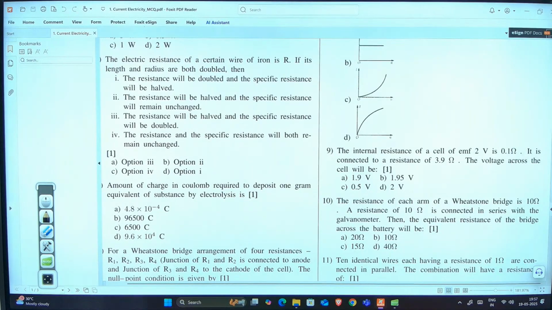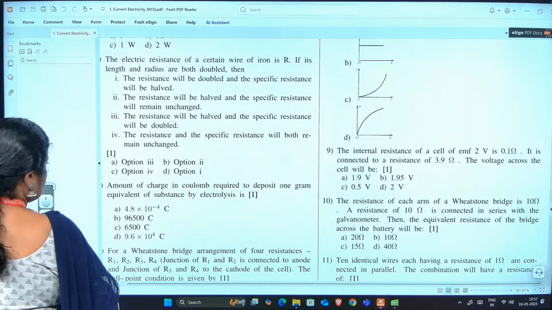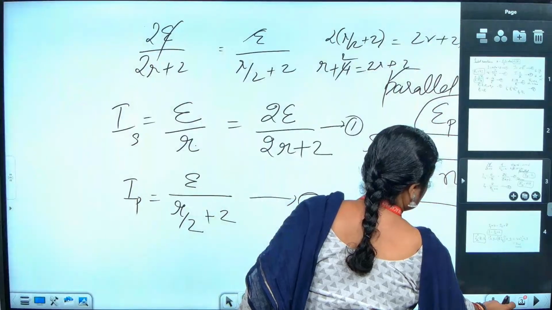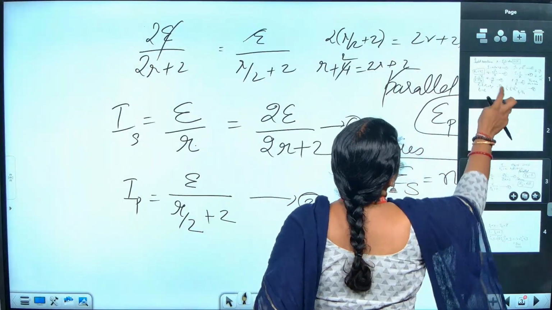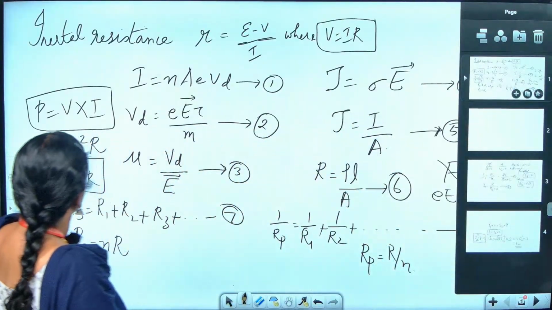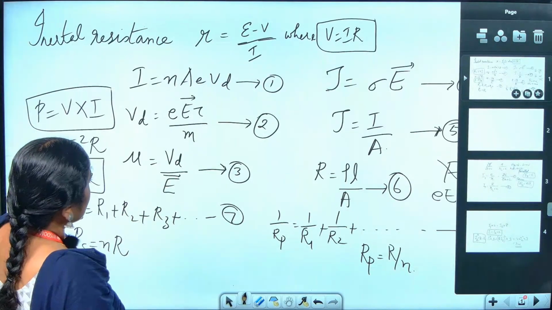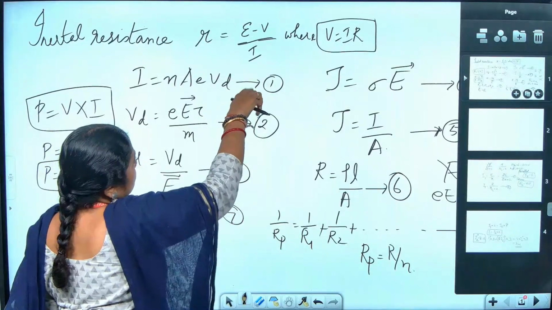How did you get it? What formula did you apply? Internal resistance r is equal to epsilon minus V by I, where I is the current through the circuit.